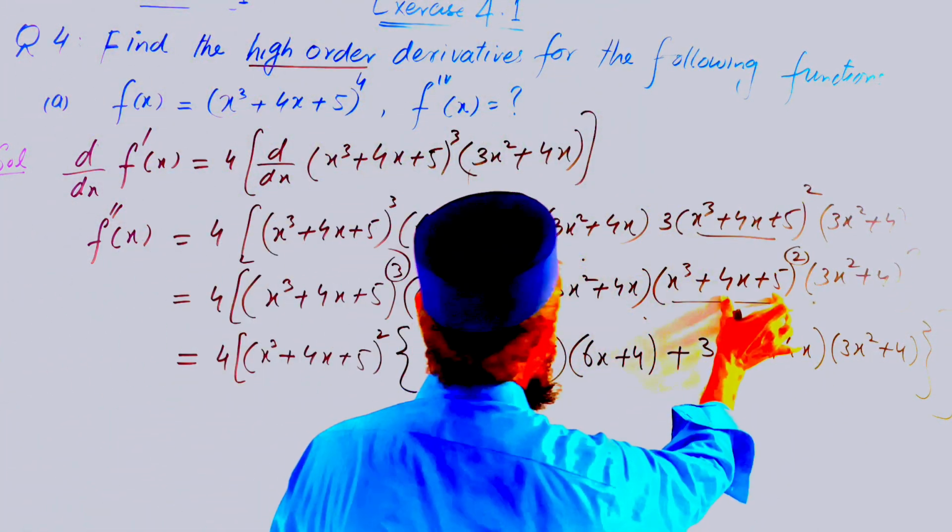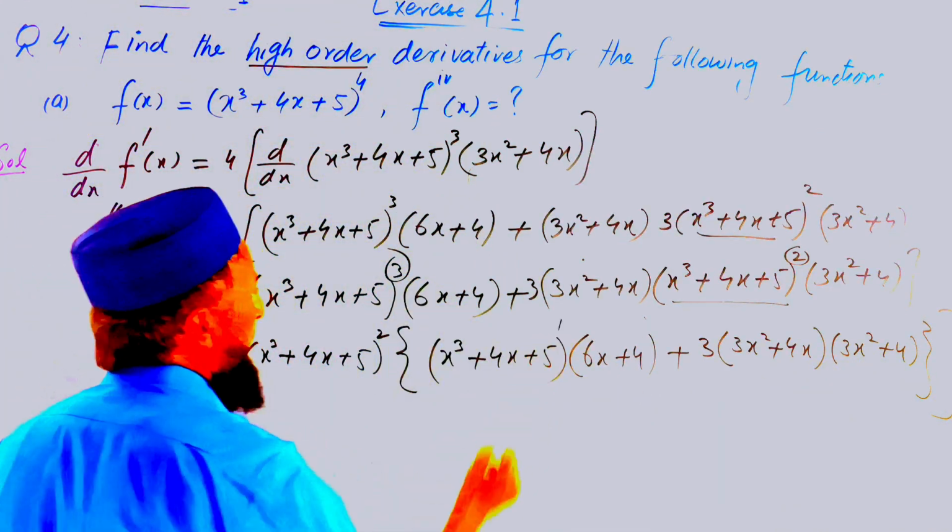Because x square is common, just in one term is remaining, power is 1.